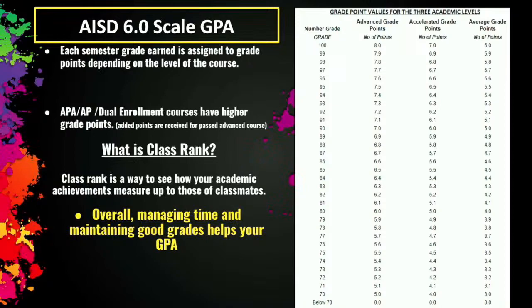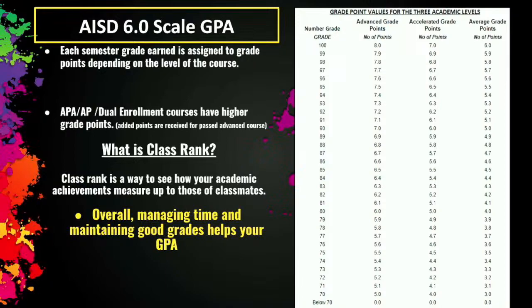If it's an APA course or dual enrollment course, then your student will earn 6.5 points for that 95. And if it's a regular on-level high school course, then your student will earn 5.5 GPA points for that 95. You can come back to this graphic here, and it's also in our high school course guide as well.